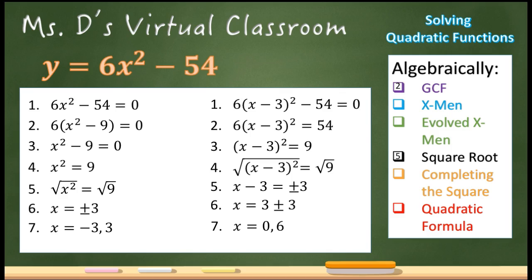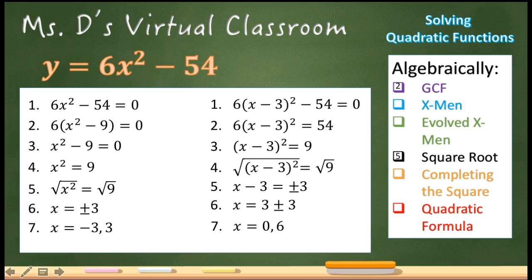If I plug 6 into the equation, I get 6 minus 3, which is equal to positive 3, squared, which is equal to 9, times 6, which is equal to 54, minus 54, which is also equal to 0. So my solutions are correct. That is how you use the GCF method and the square root method.